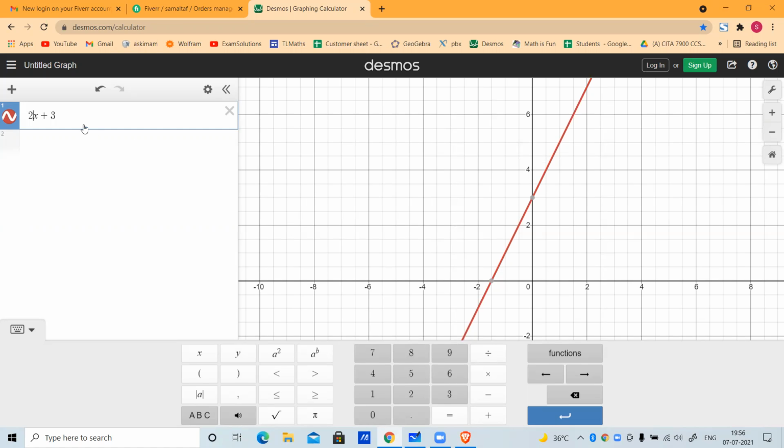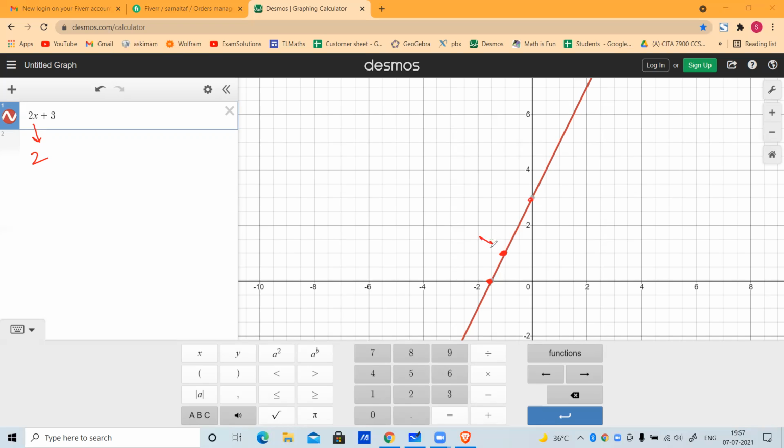So in general, I told you the equation of a line will be y equals mx plus b, where m will be the slope and b will be the y-intercept. But if you're not given the slope and y-intercept, you are given the slope and any point. You are given the slope as maybe 2, and you are given any point on this line, for example this point, or this point, or this point.